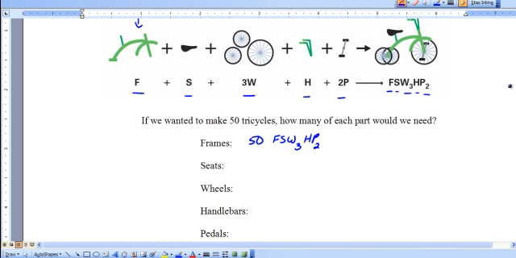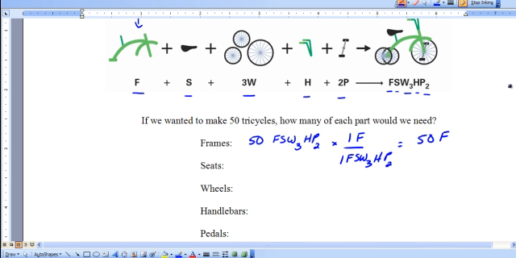You want to make 50 of those. So how many frames are you going to need? Well, you need one frame for every one FSW3HP2, and so that's going to give us 50 frames.